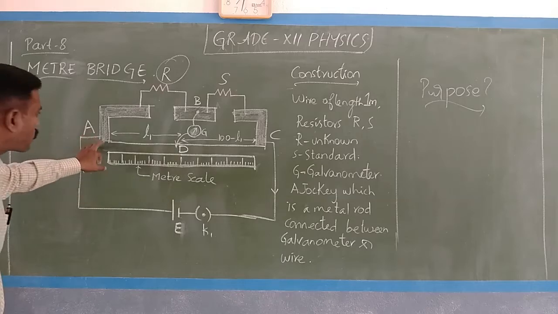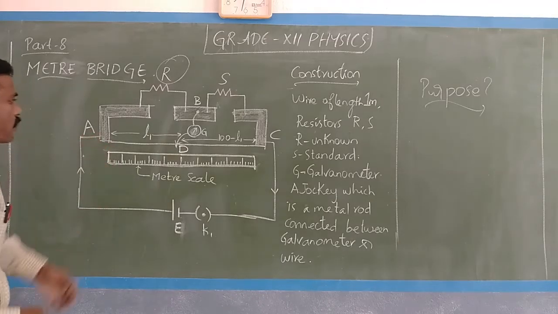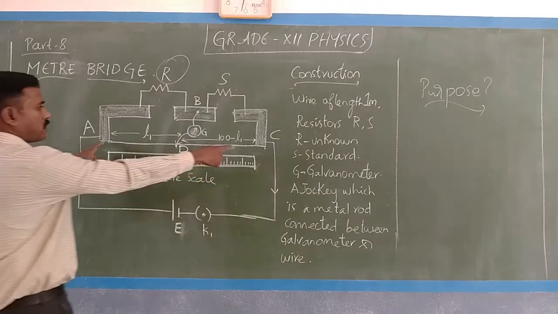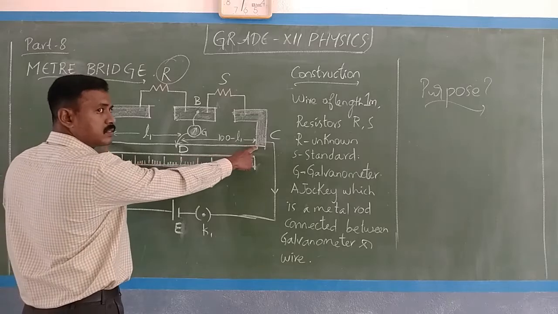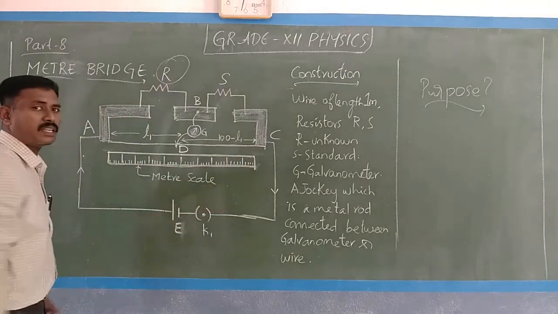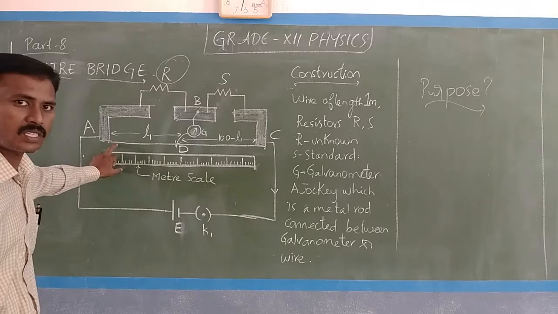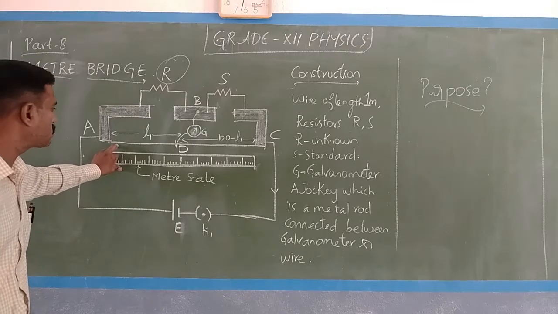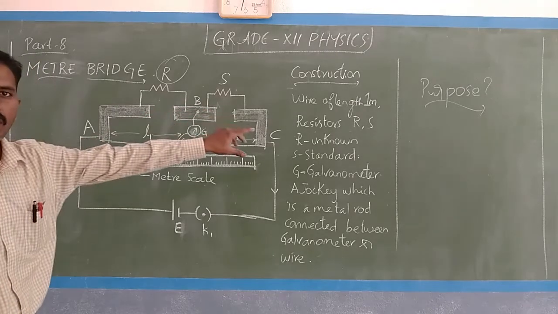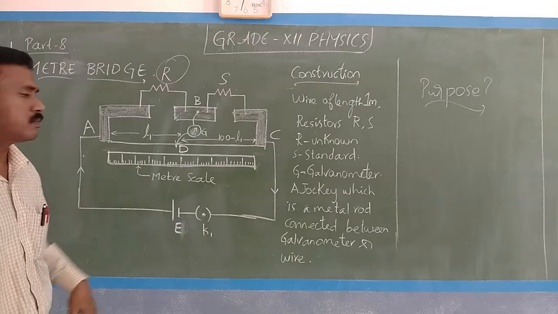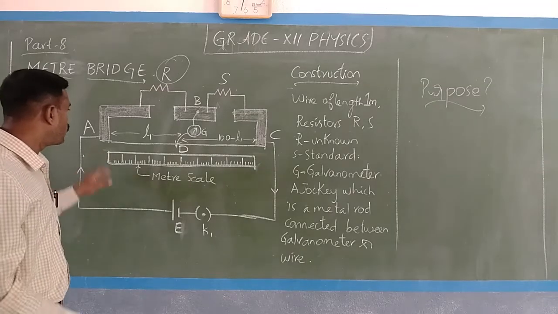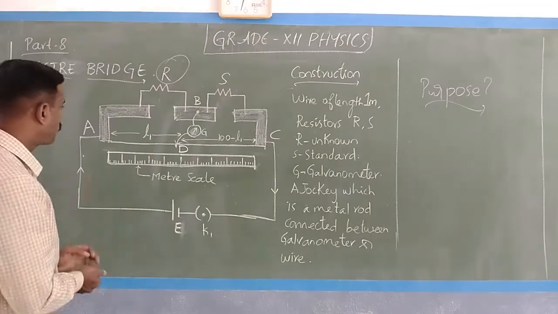I have connected this wire of length 1 meter. The total length is 1 meter, and I have placed a meter scale below it. Why I do so, I will tell you when I jump into the equation. That lies the logic.